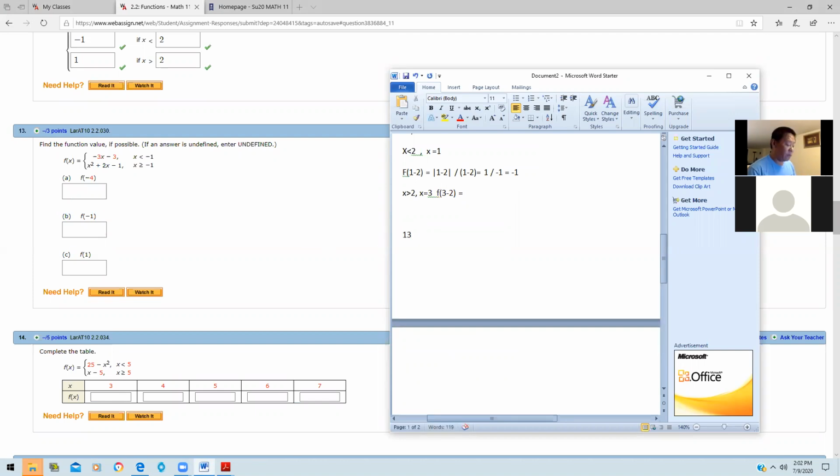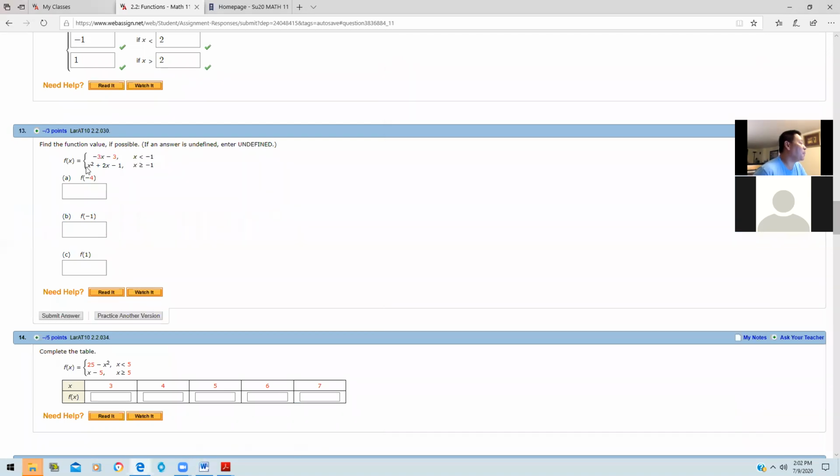The first question, A, is asking us to do negative 4. You have to pick which function you have to choose for this case, and it all depends on the domain here. So is negative 4 less than negative 1, or is negative 4 greater than negative 1? Is it the first one or the second one?